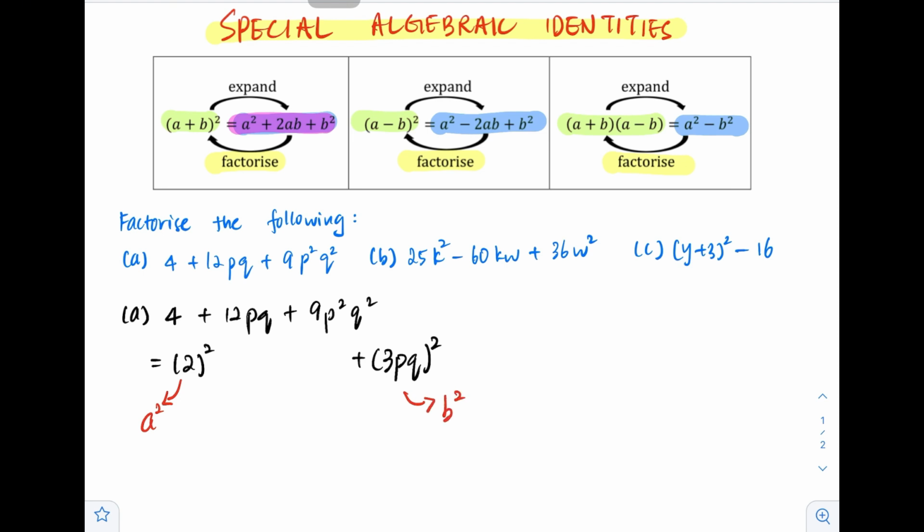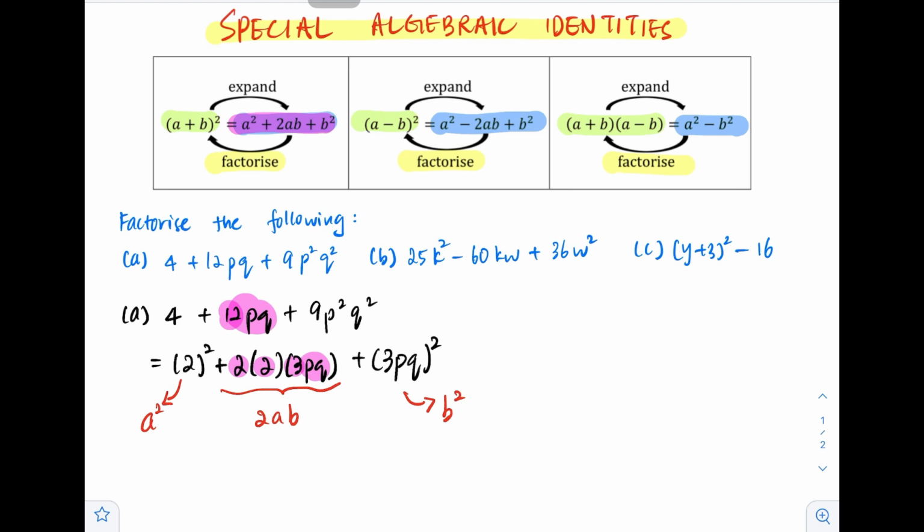So what we really need here is 2ab. So let's see if we can rewrite 12pq as our 2ab over here. Right, we have 2 times a, which is 2, and we have b, which is 3pq. Now let's check. If we have 2 times 2 times 3, if we press calculator, we will be able to get 12, and that multiplied to pq would give us 12pq.